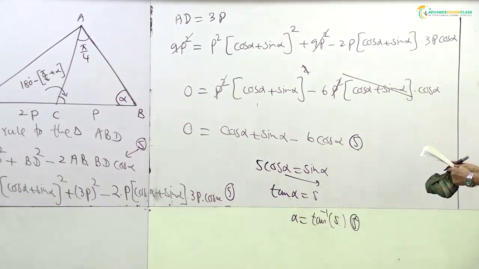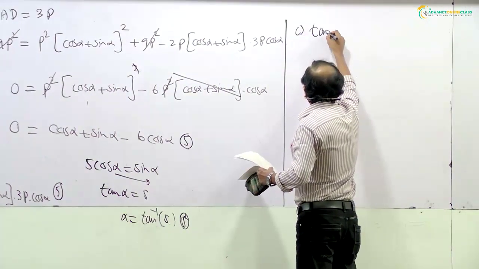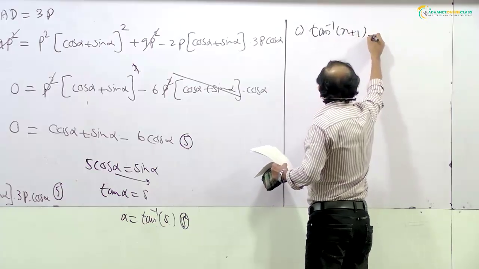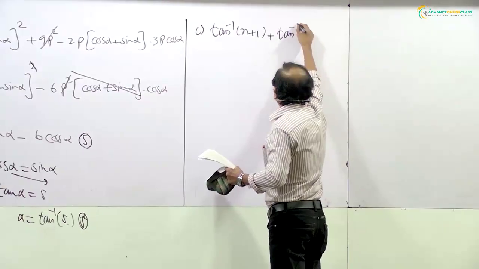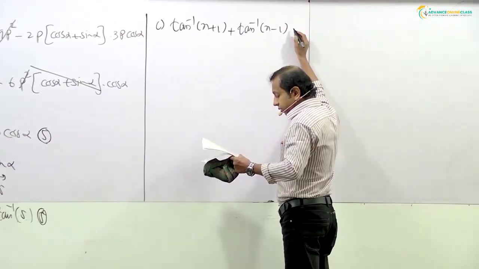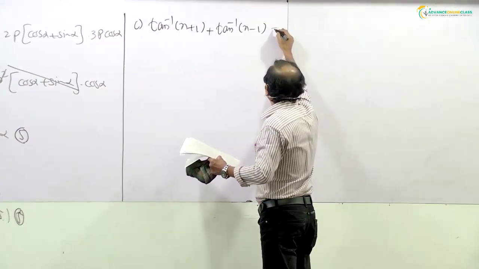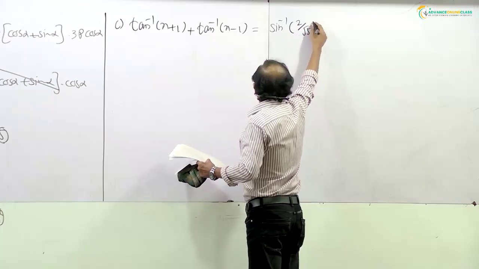Yes, next one, part C. Tan inverse of x plus 1, plus tan inverse of x minus 1, right? Equals sin inverse of 2 over root 5. Okay.